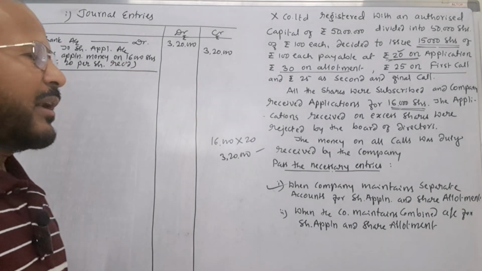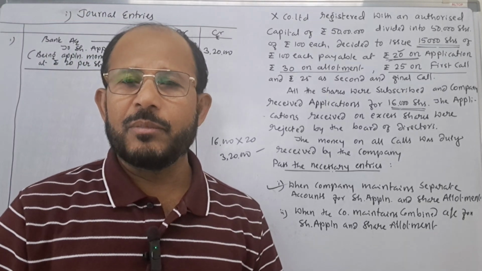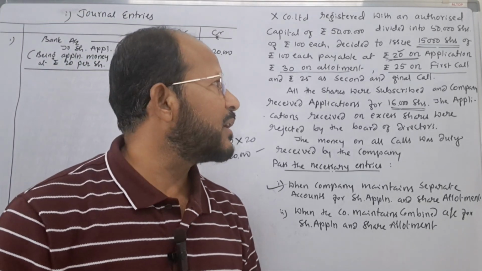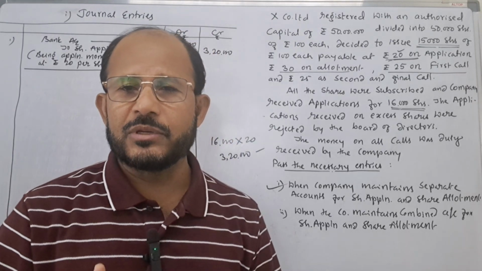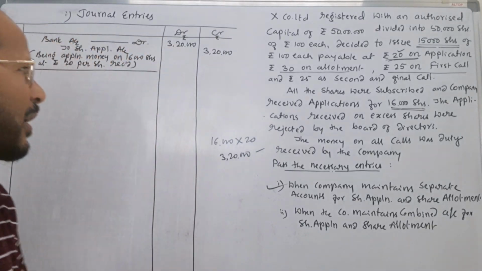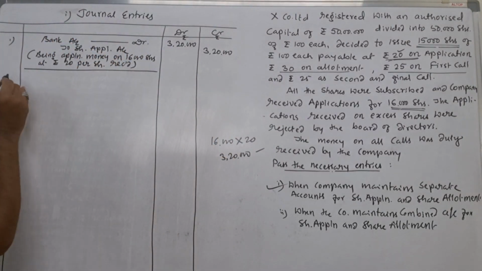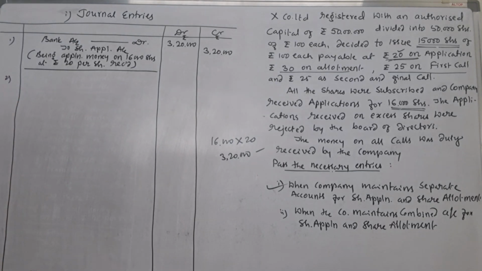You know what the company does? The company is going to return the excess application money, because the company's decision is to allot only 15,000 shares, not 16,000. Therefore, whatever excess application money has come will be returned to the applicants whose applications are rejected. In that case, what journal entry do we pass? We pass the reverse journal entry.